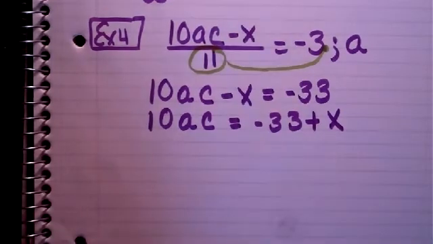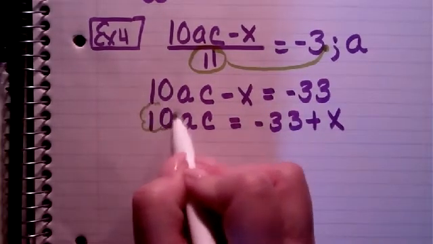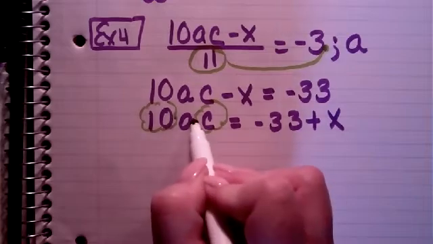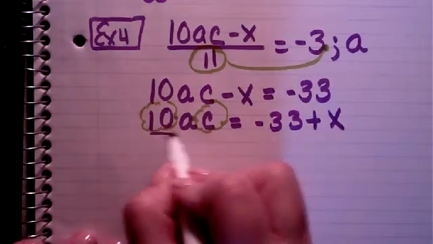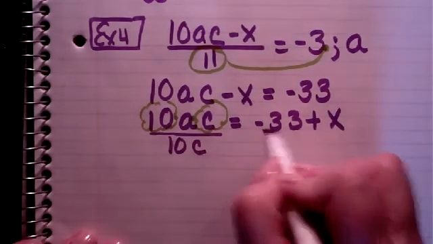Okay. Now, I'm still isolating A. Okay, so what that means is I need to move this 10 and this C. Now, even though they're not all in the same order, we know it's all multiplying. So what I can do is divide everything by 10C.